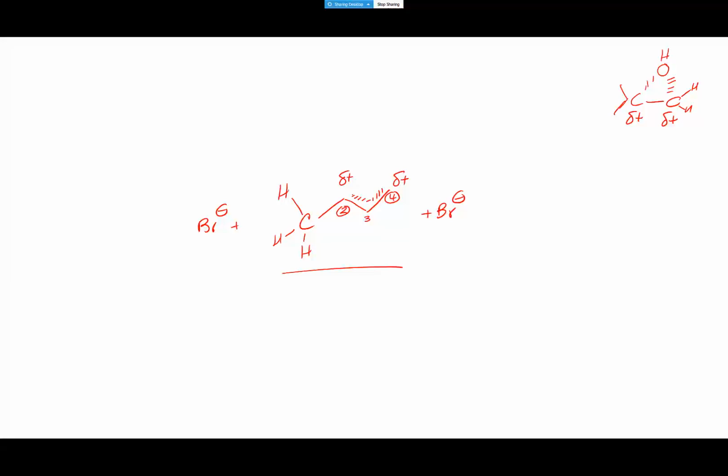I have to be very careful as I ask this question: which carbon is the bromine going to react with fastest? Carbon 2 or carbon 4?